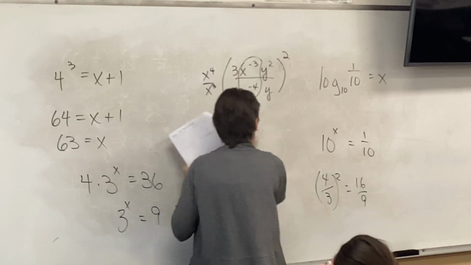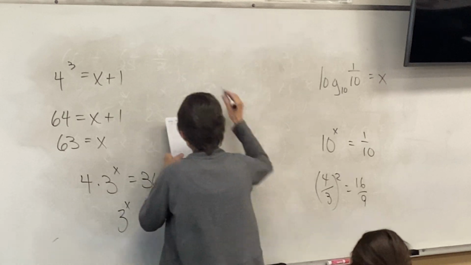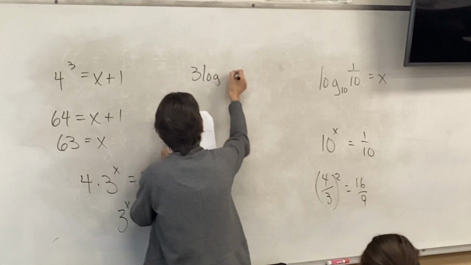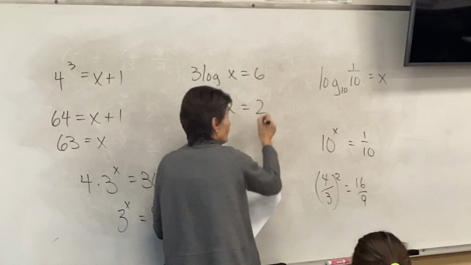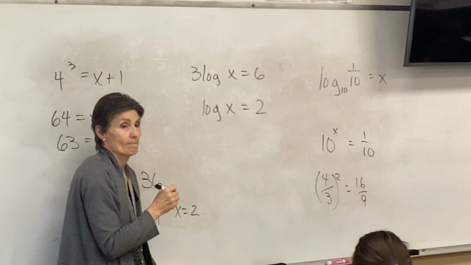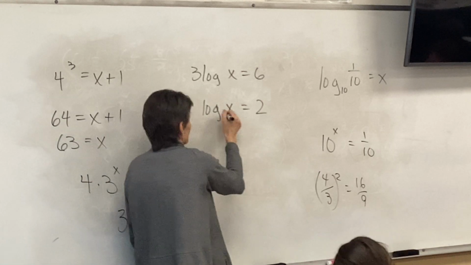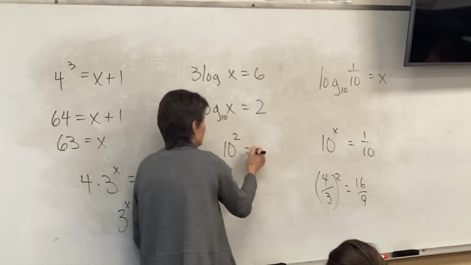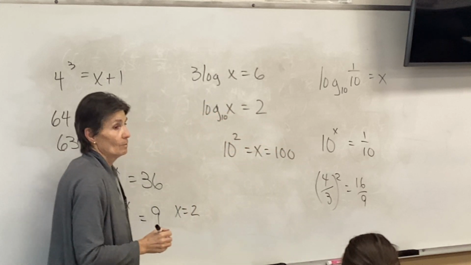All right, next. Divide by 3, Jordan says. Is she right? So log x equals 2. 10 to the second equals x, so x equals 100.